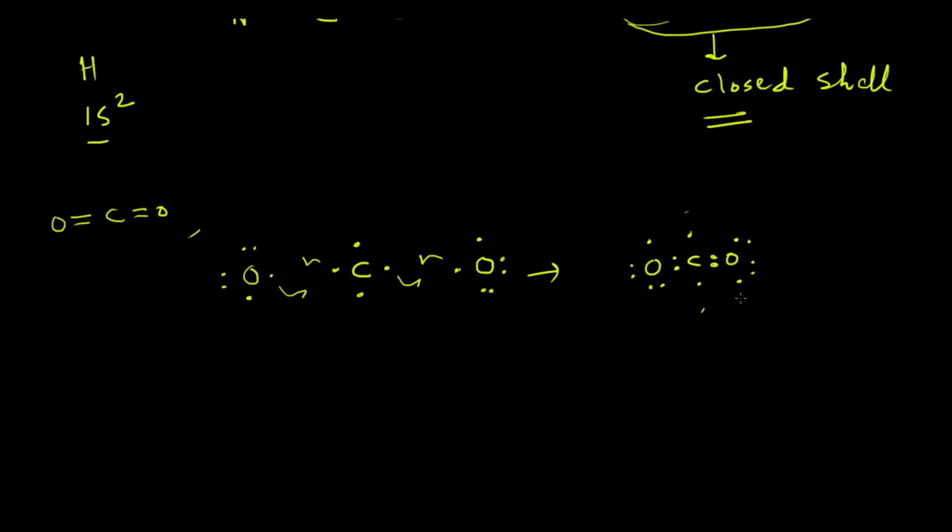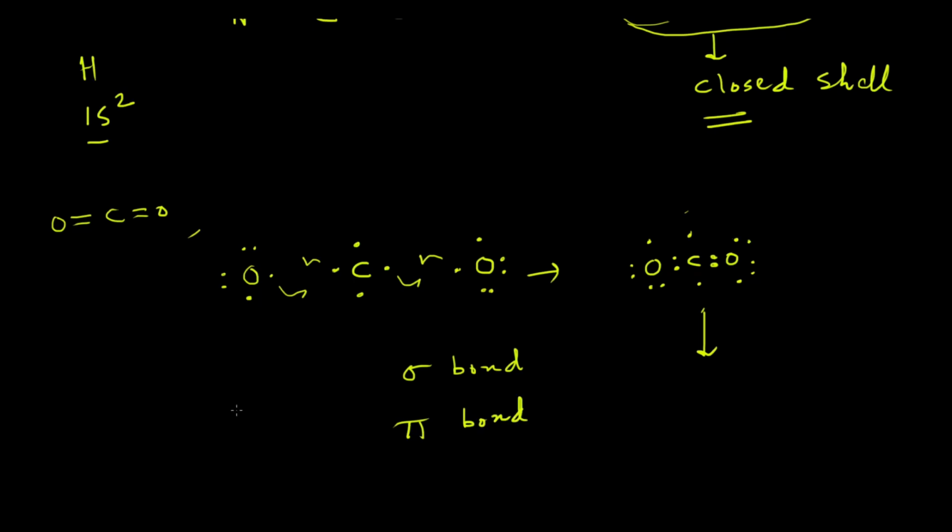They will try to pair these electrons up by forming another covalent bond, and this time it will be a pi bond. Initially it was a sigma bond, and after sigma bond formation, if another covalent bond forms around that sigma bond, then it is called a pi bond.